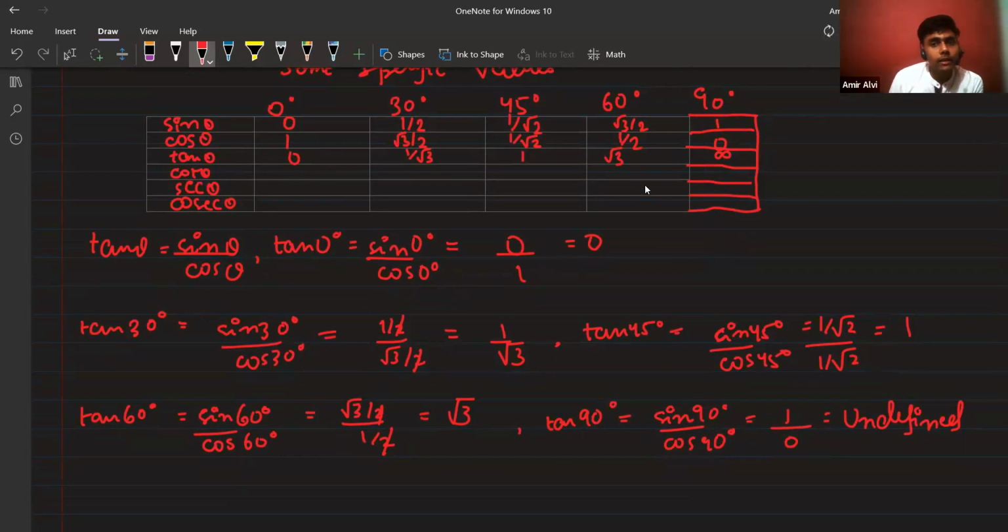If tan of 0 is 0, then cot 0 will be infinity, because it would be 1 by 0, which is equal to infinity, basically.